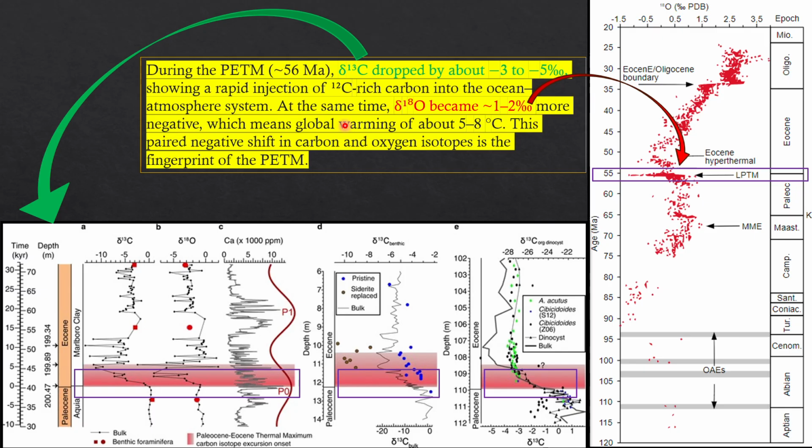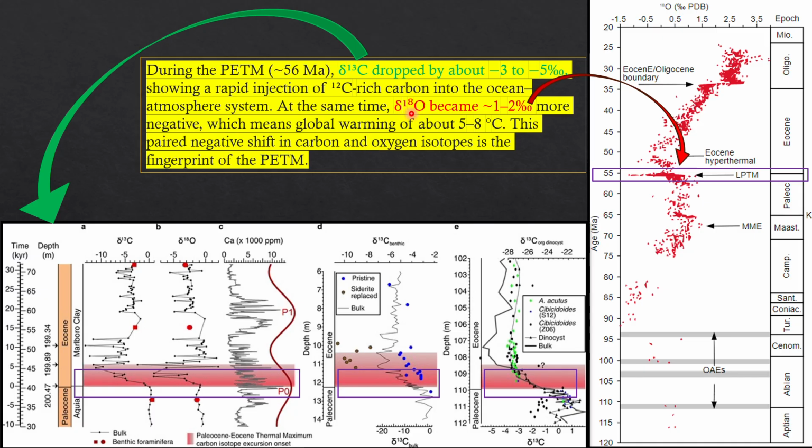So how do we know the temperature was increasing? First, we look at the carbon-13 isotope. You can see the carbon-13 isotope suddenly decreases, which means the carbon-12 value is very high. Carbon-12 means it's very warm and too much organic matter came into the ocean, atmosphere and land.